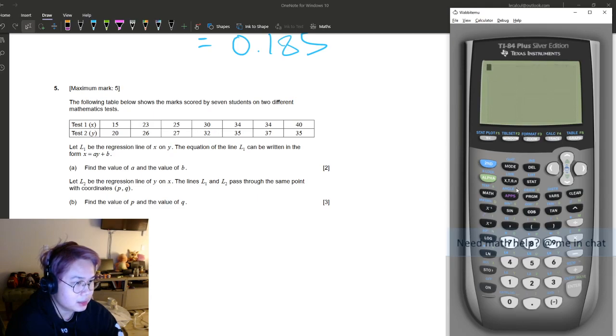And then clear this, and we need to put in a list. So second list, nope. Math. Uh-oh. I totally forgot how to enter in a list. As you guys can see, I think it's under distribution?